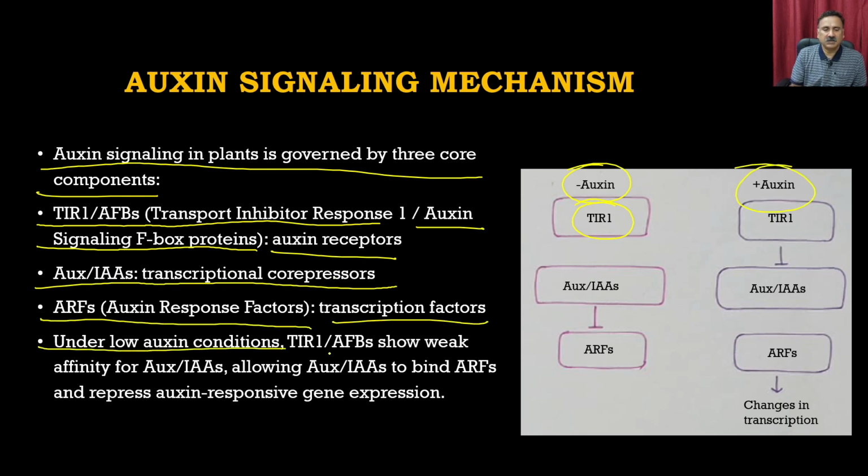Under low auxin conditions, TIR1 or AFB show weak affinity for auxin or indole-acetic acid, allowing the Aux/IAA to bind the ARF and repress auxin-responsive gene expression.